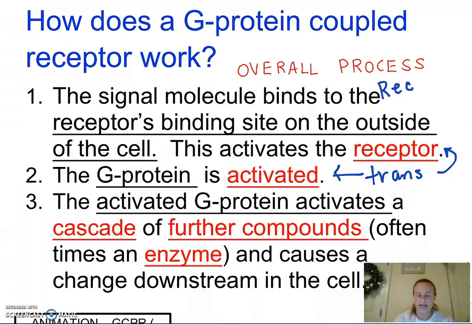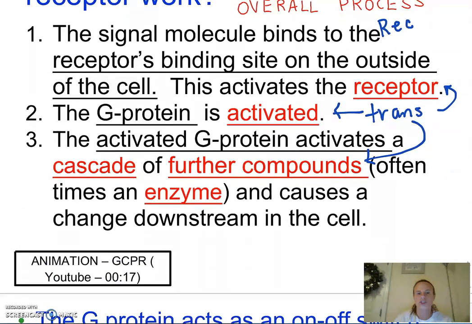The G protein activates a cascade of further compounds. Again, transduction continuing. Usually that further compound is an enzyme somewhere downstream, and then it causes a change or some sort of response downstream in the cell.